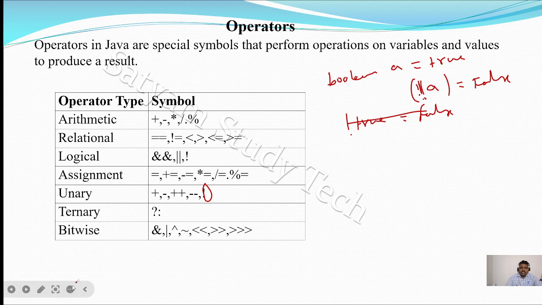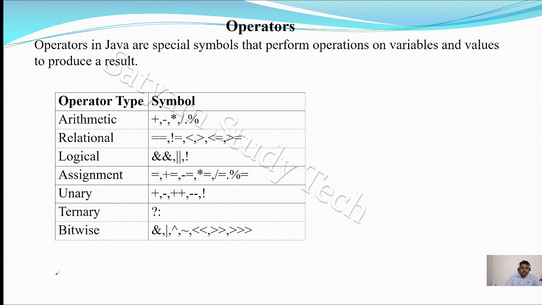Ternary operator. What is the ternary operator? Ternary means it works on 3 operands. For example, here you can see A equal to 5, B equal to 6.